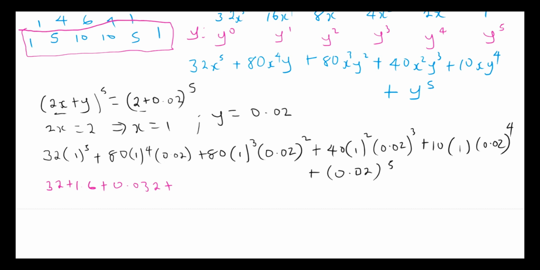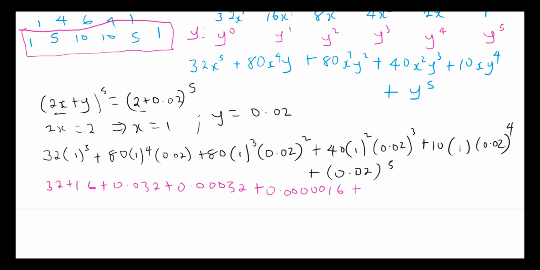The next one is 40 times 1 times 0.02 cubed, which should be 0.00032. The next one is 10 times 0.02 raised to power 4. When it is raised to power 4, that is going to be 0.0000016, plus the next, which is just 0.02 raised to power 5.